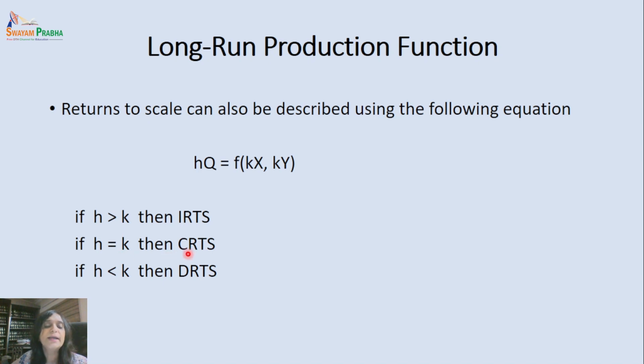Then it is called constant returns to scale. Third is when the change in output h is less than the change in input k, then it is called decreasing returns to scale. So by calculating how much is the change in output due to the change in input, we can talk about whether the returns to scale are increasing, constant, or decreasing.